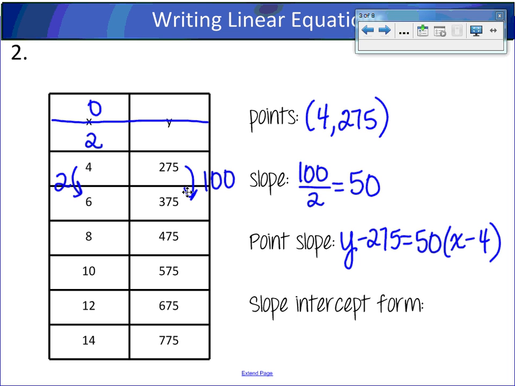But this seems to be the easiest path. So 275 subtract 100 would give me 175. And then if I subtract another 100, I would get back to 75. So y equals the slope of 50, x, and then plus 75.